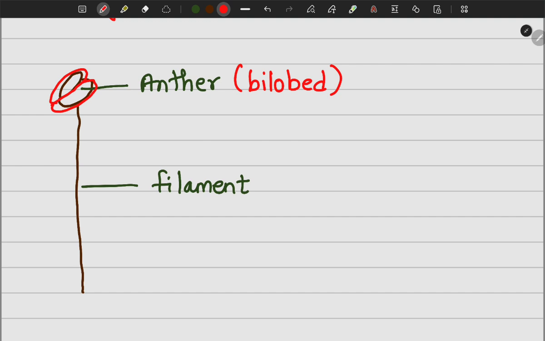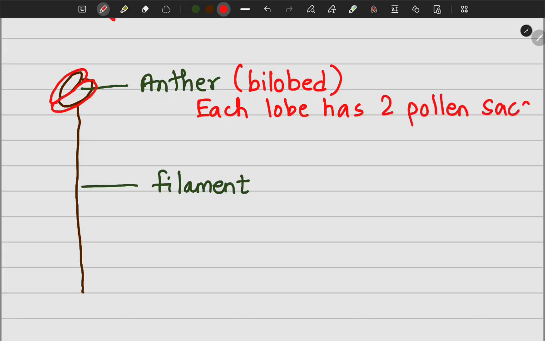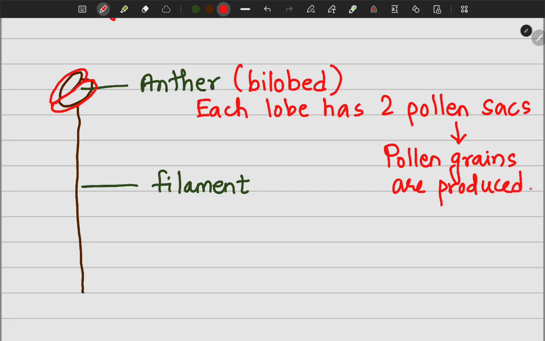and inside each lobe 2 pollen sacs are present. Each lobe has 2 pollen sacs, inside which pollen grains are produced. These pollen grains later form the male gametes.